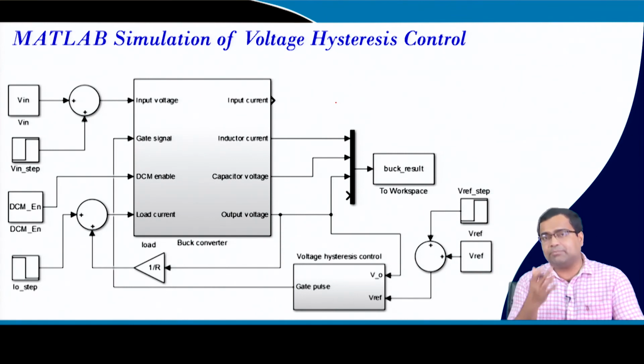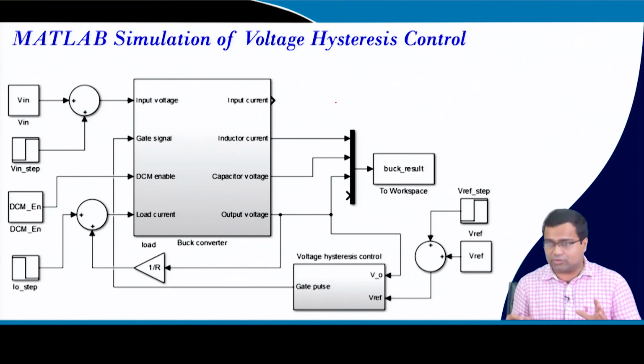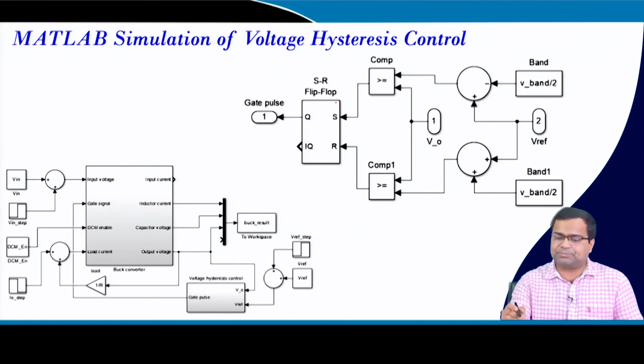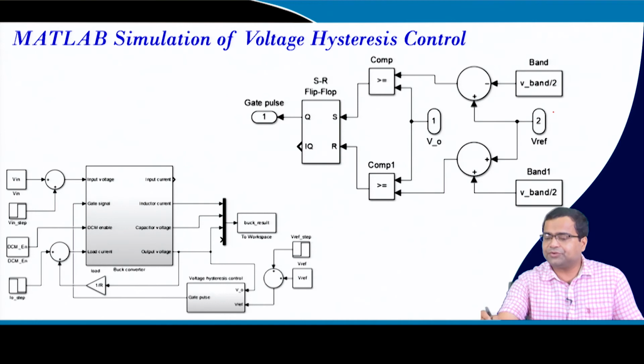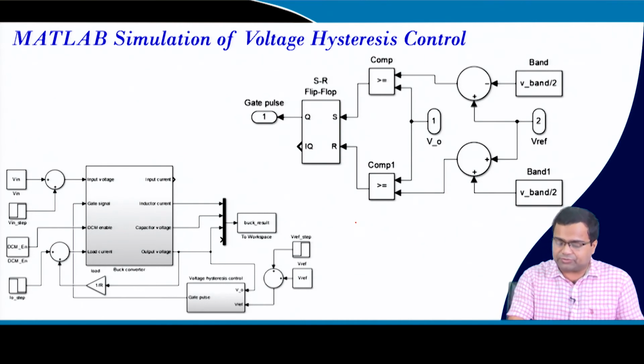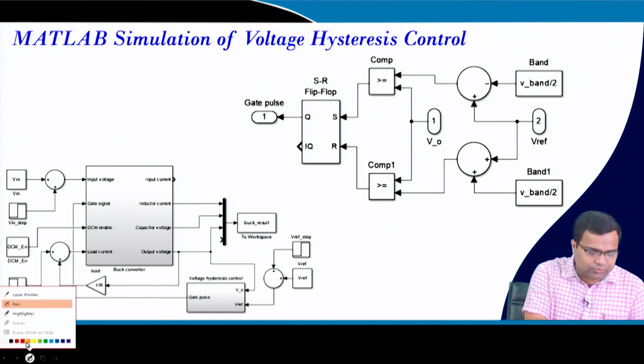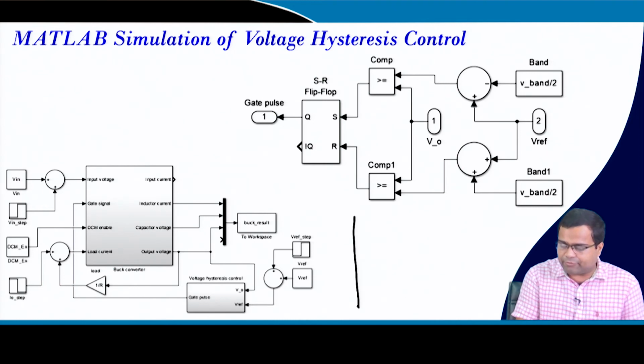Then we can also implement voltage hysteresis control under light load, where it is purely a hysteresis band. What we are trying to do is maintain the output voltage within some hysteresis band.